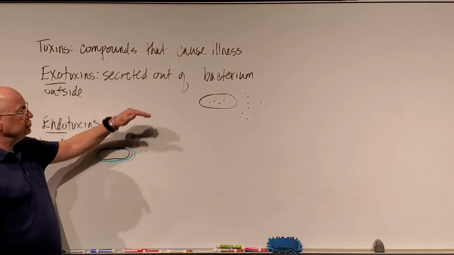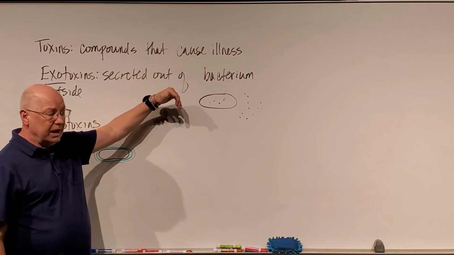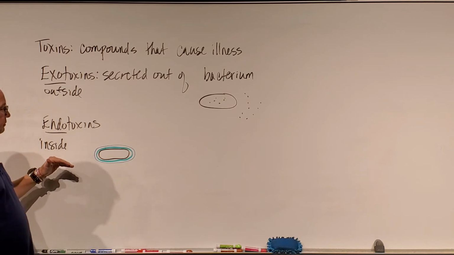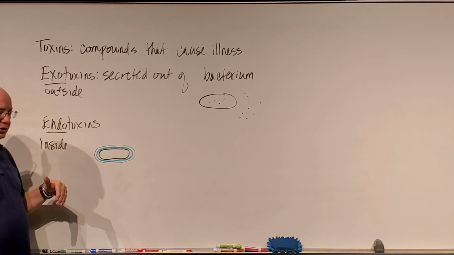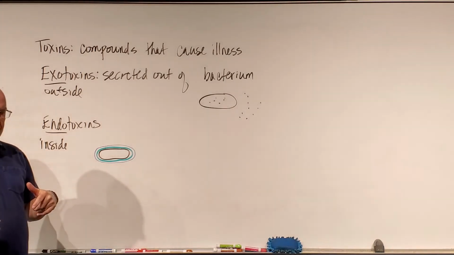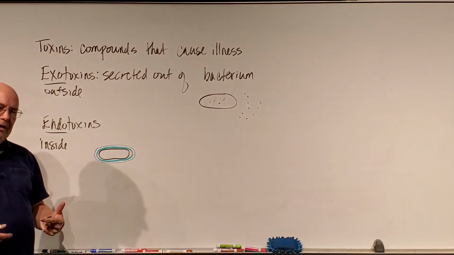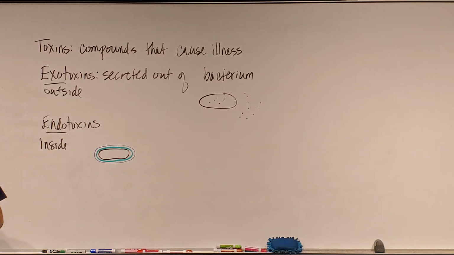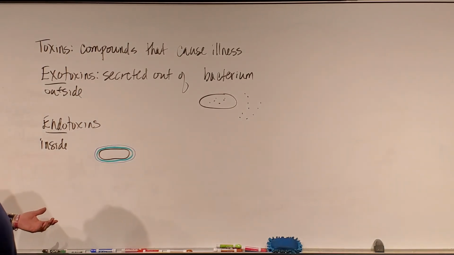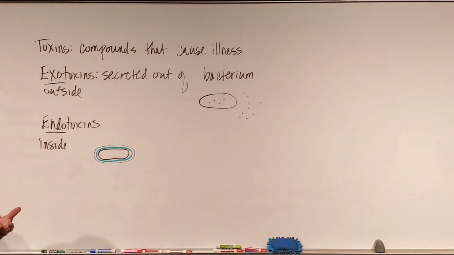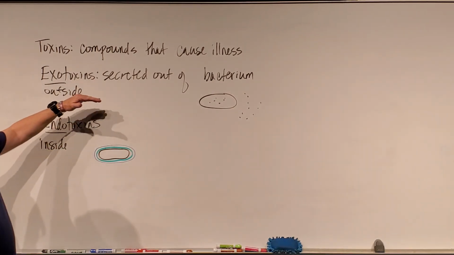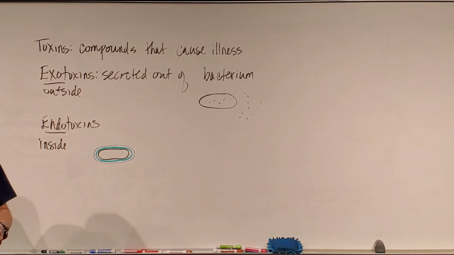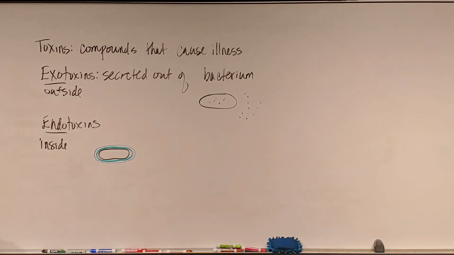So endotoxins are simply made by living bacteria and then are released from the bacteria. Exotoxins are toxins that are released by bacteria when they die. These are produced by living bacteria and released. These are only released when the bacteria die. I thought I said that backwards for a second.